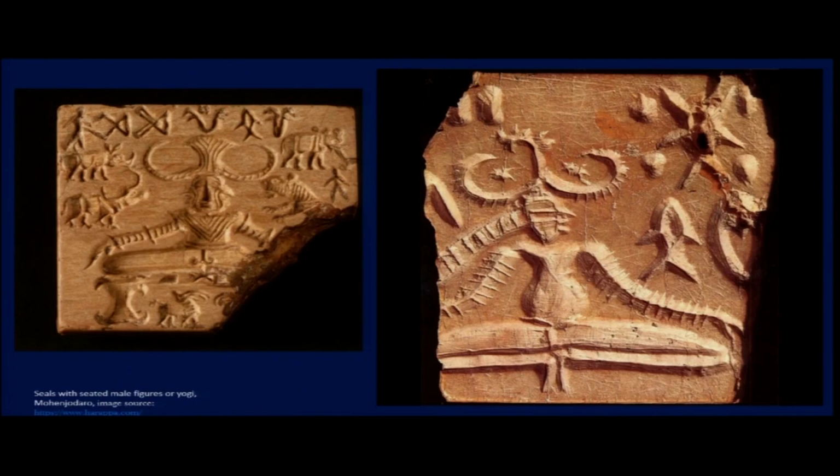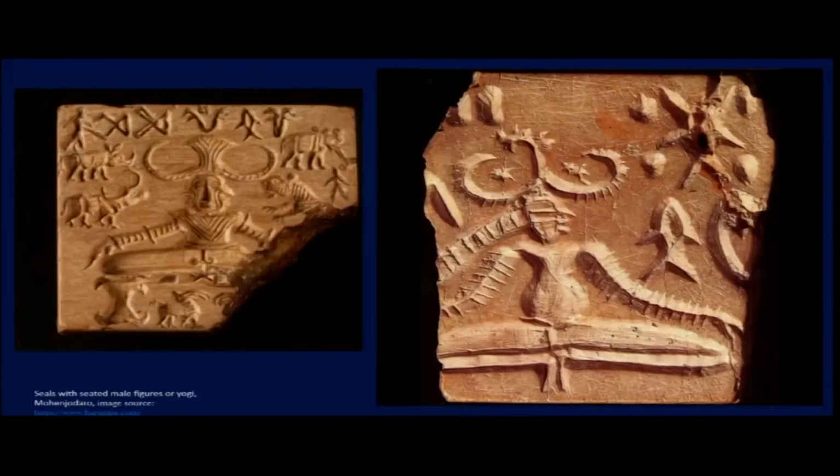What we also see is that it's not just the horned headdress that this person is wearing, but there are also some projections running by the sides of his face. Some of the historians and archaeologists have interpreted these projections as suggestions of two faces on the two sides, and that is how people have speculated whether it has anything to do with some of the Hindu deities who also have multiple heads and so on.